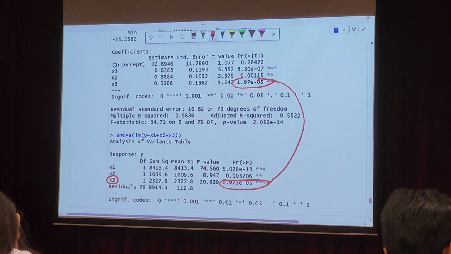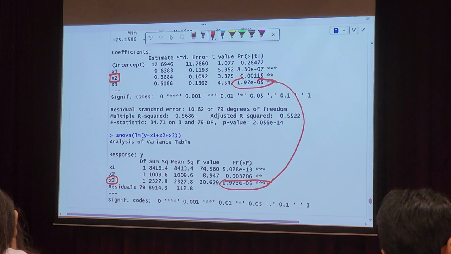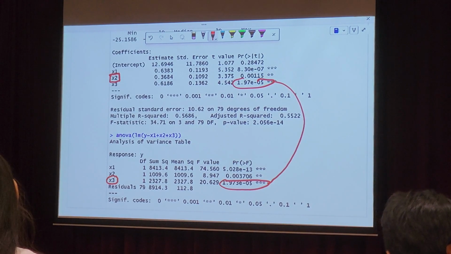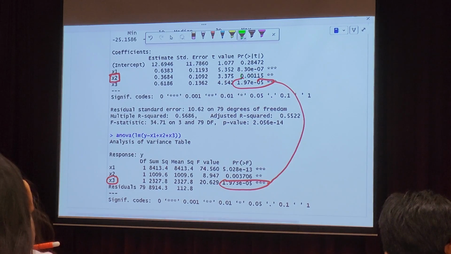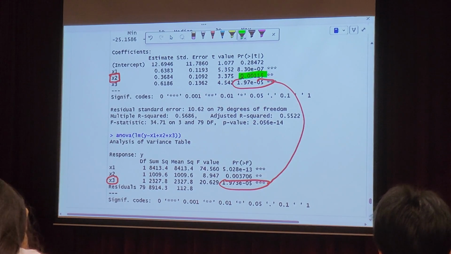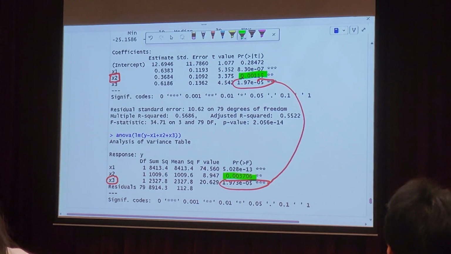Now, here it's testing the contribution of x2 after you have accounted for the other two, 0.00115. But if you compare with this, they are not the same.